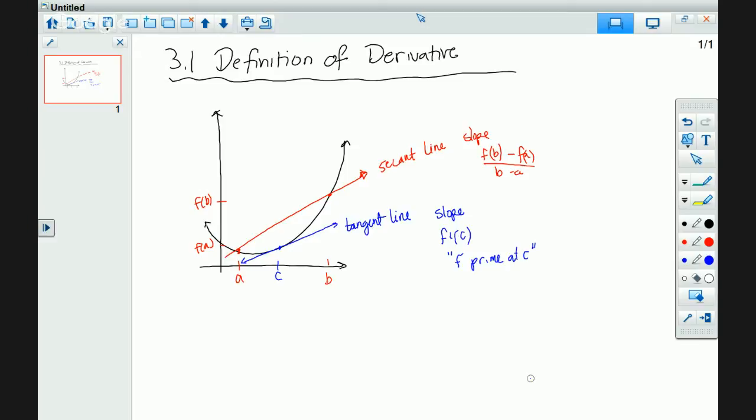Remember, this is average rate of change. The secant line is average rate of change, and the tangent line is instantaneous. That's how it is.